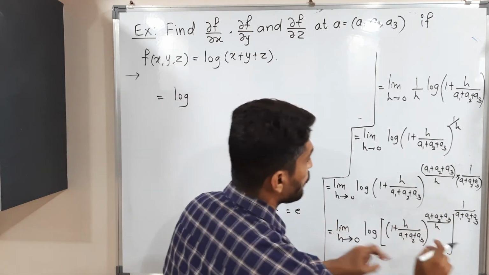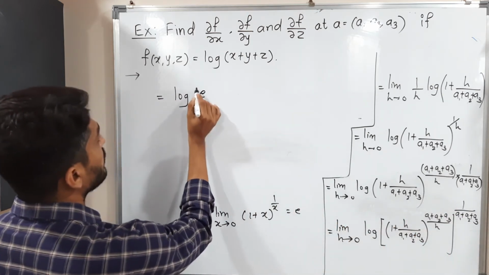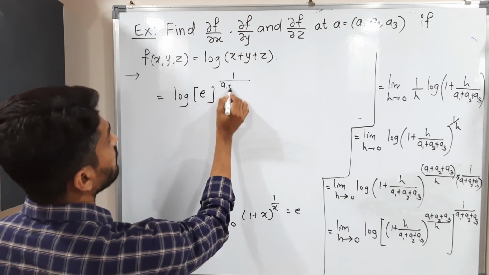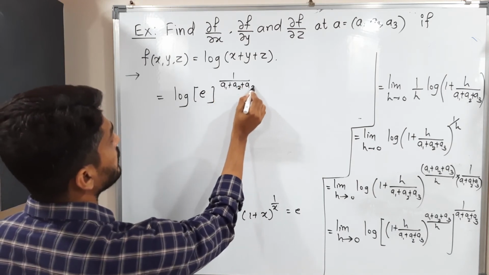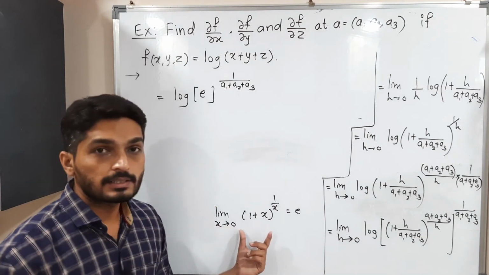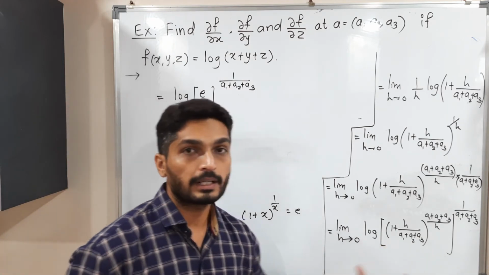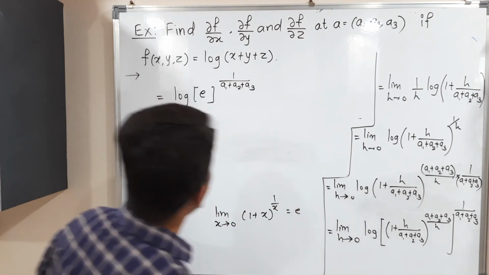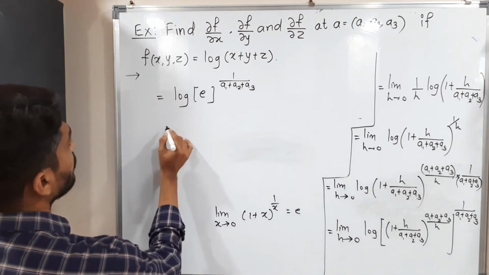So the value of this square bracket is e if you apply the limit, and raised to 1 upon (a1 + a2 + a3). Because of this result, I could write the value of this square bracket is e only. Understood?